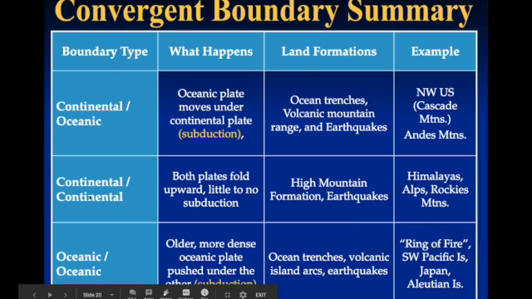If it has oceanic as one of the plates, then you see subduction. And if you see subduction, you see trenches, ocean trenches, you see volcanoes. If it's oceanic, it's volcanic islands because they're out in the water. If it's continental and oceanic, then they're volcano mountain ranges that are going to be on the land.